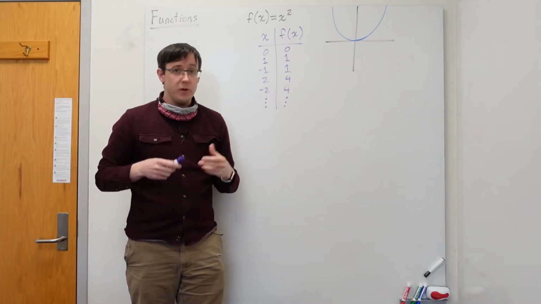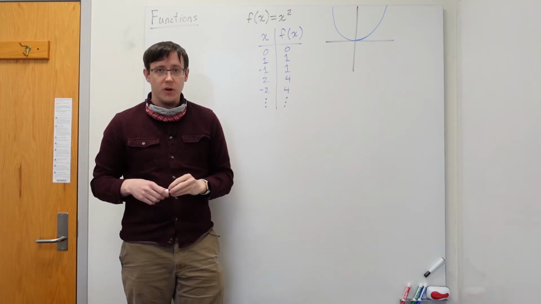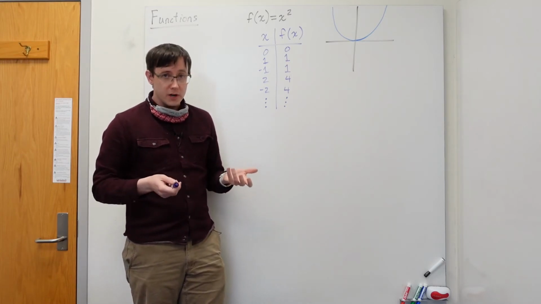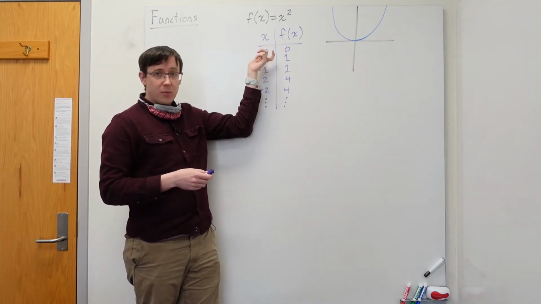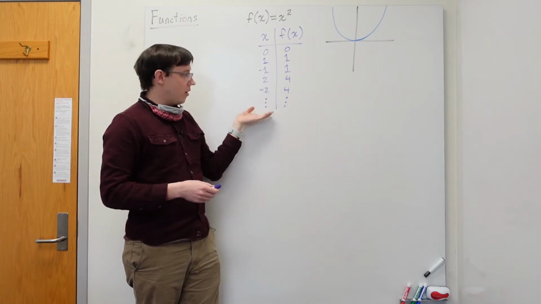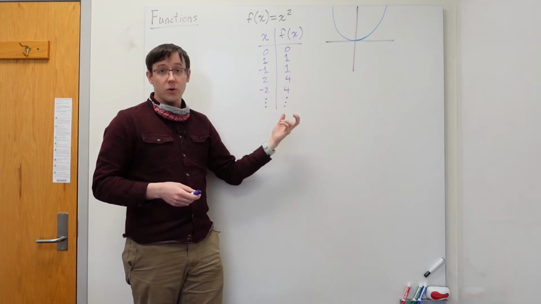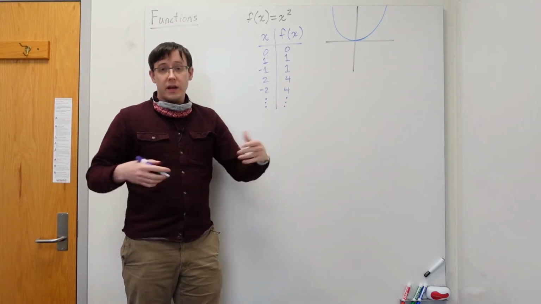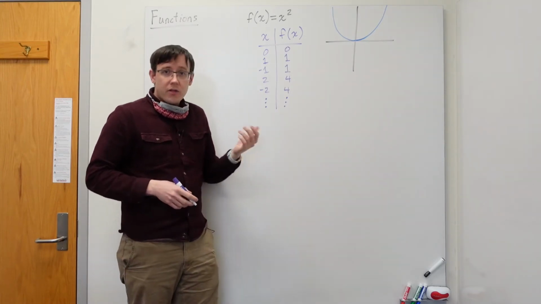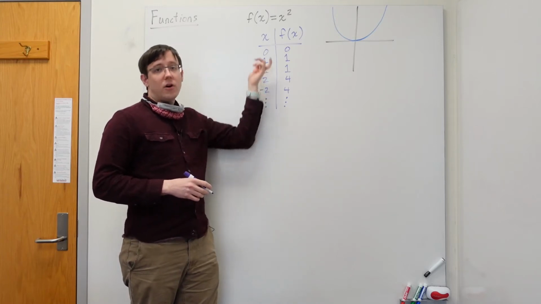So much like we did with truth tables for Boolean algebra, we could define arbitrary functions by building a table where we have one column with all of the possible inputs to that function and another column with the corresponding outputs.